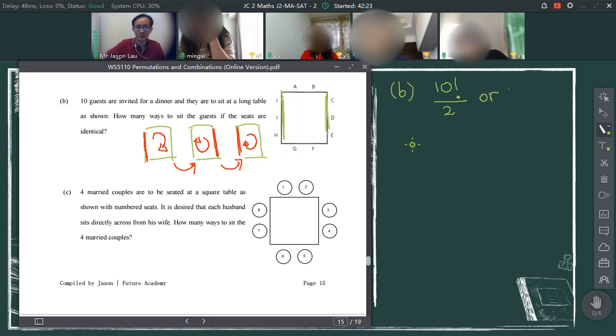I'm going to have the first person sit. How many ways can the first person sit at the table? Is it 10 choose 1?